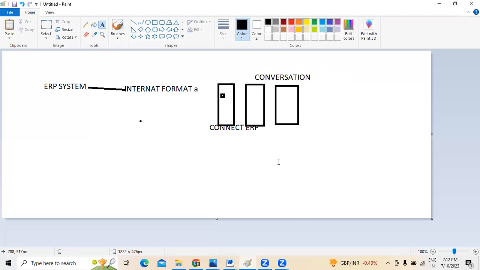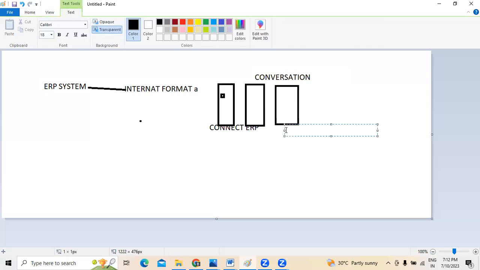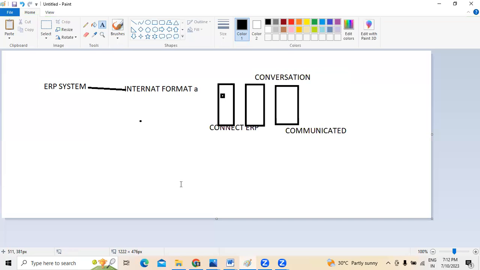So from the conversation point of view, whatever we have conversed, all of it has to be communicated. That is also there. Okay, right? So there is an ERP system through an internal format, as far as EDI mapping is concerned.